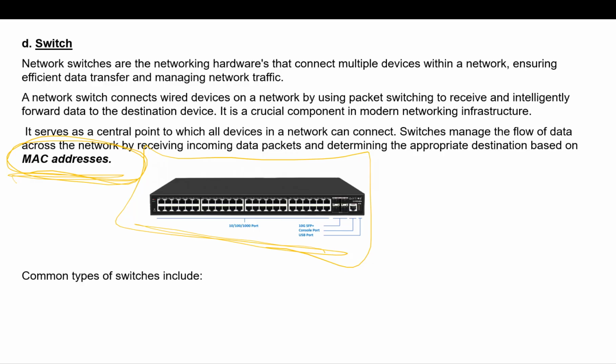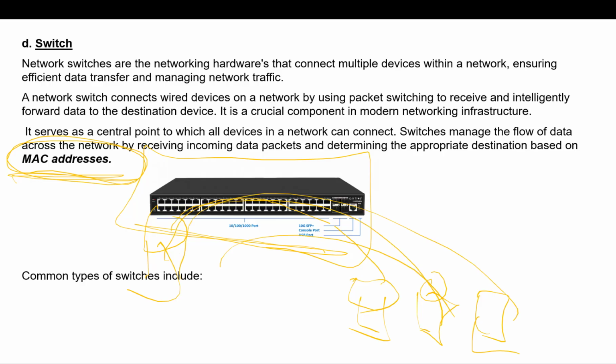So it's layer 2. The switch is responsible only for handling data. That means if you want to send files or pictures from one device to another, it handles the traffic only. That is layer 2.